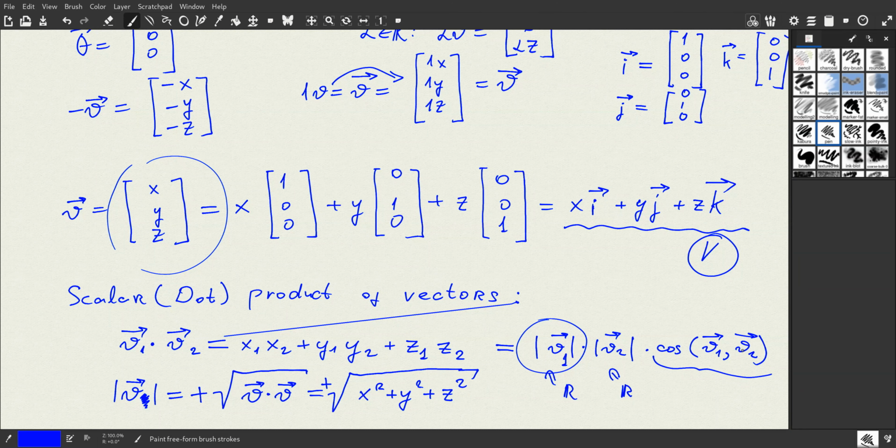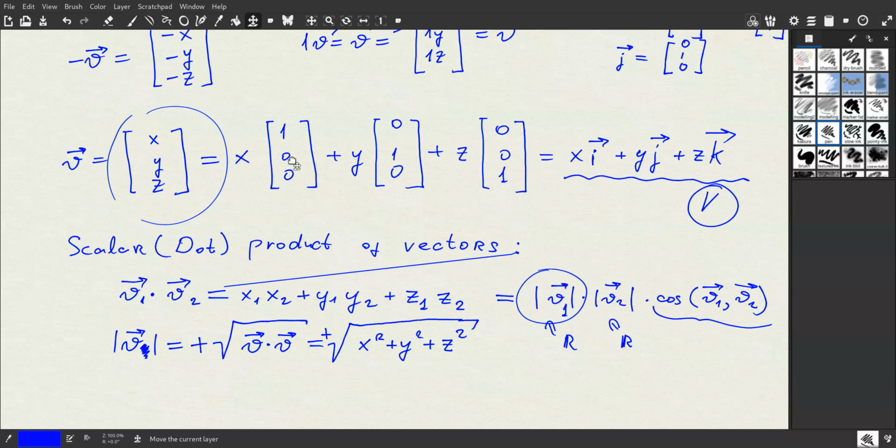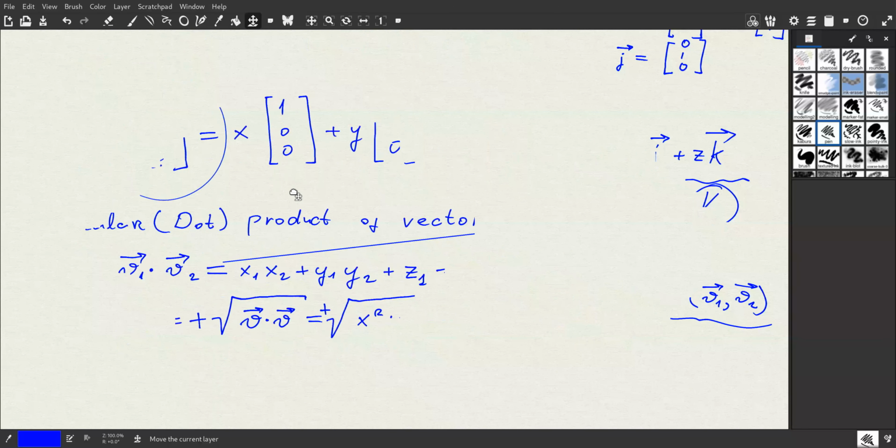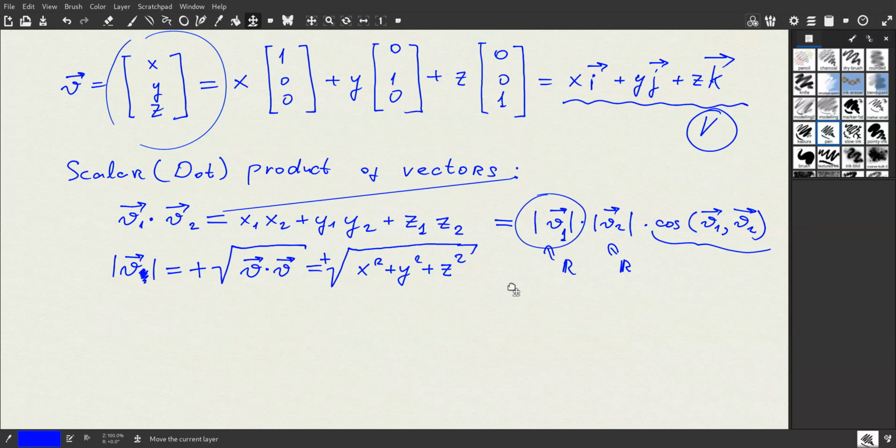So in general, I would say that if we are dealing with only Cartesian coordinates, x, y, z, and we have not introduced any notion of an angle at all, then it works the other way around. By definition, cosine of the angle between V1 and V2 is precisely given by this formula.